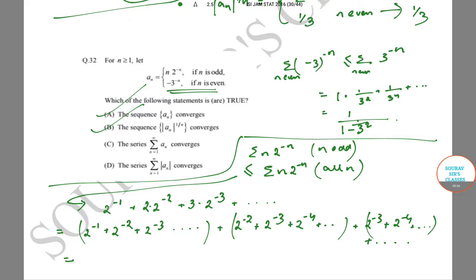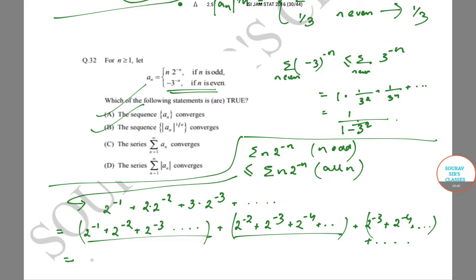So I'm just taking all terms from the beginning, then the next term starting from 2 to the minus 2, and so on. If we sum this up, we have 2 to the minus 1 once, 2 to the minus 2 twice, 2 to the minus 3 thrice, 2 to the power minus 4 four times, and so on.